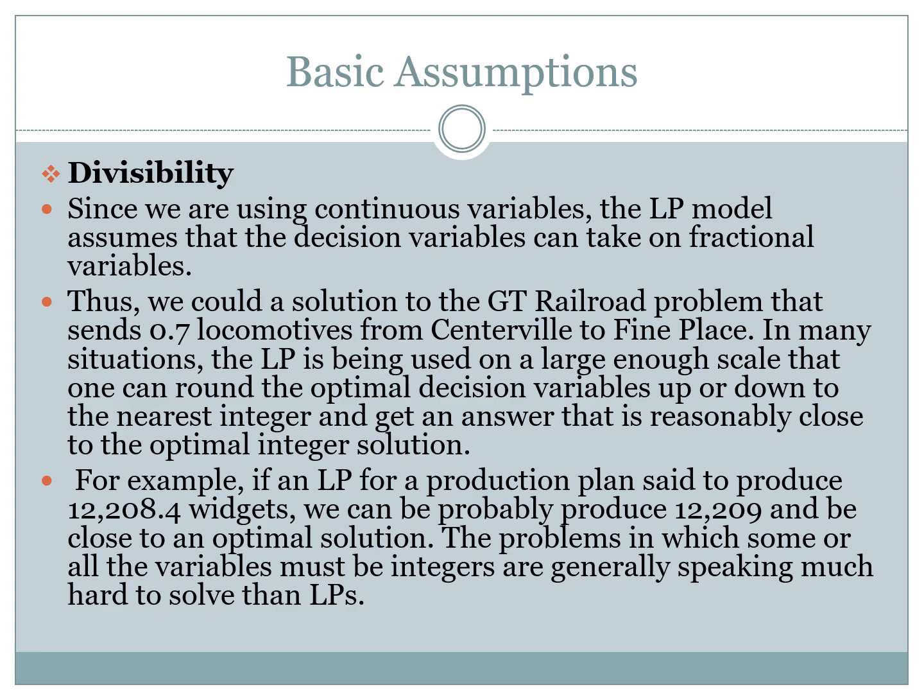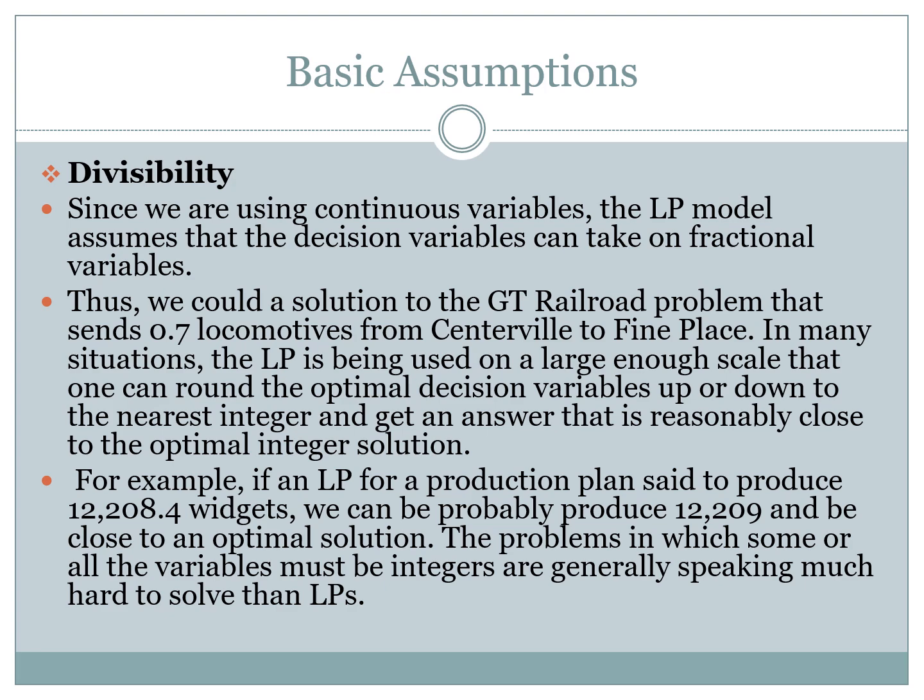In many situations, the LP is being used on a large enough scale that one can round the optimal decision variables up or down to the nearest integer and get an answer that is reasonably close to the optimal integer solution. For example, if an LP, that is linear programming, for a production plan is set to produce 12,208.4 records, we can probably produce 12,209 and be close to an optimal solution.